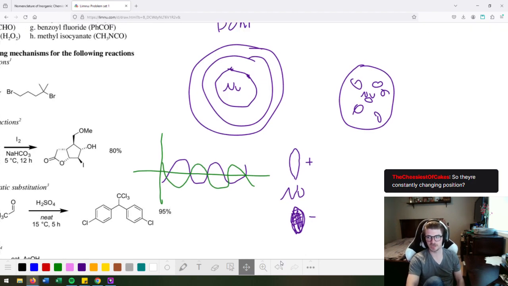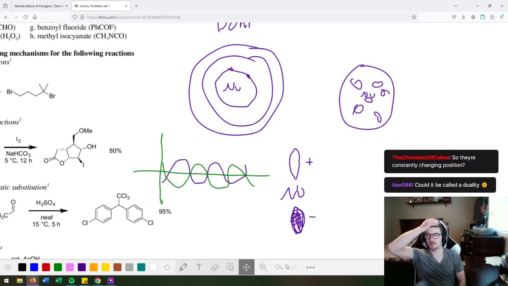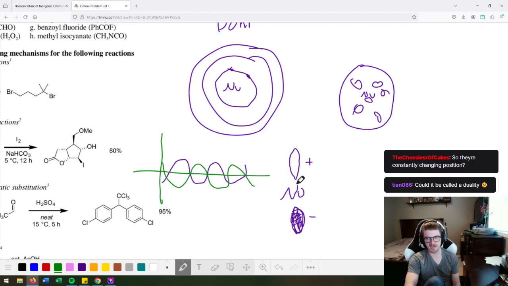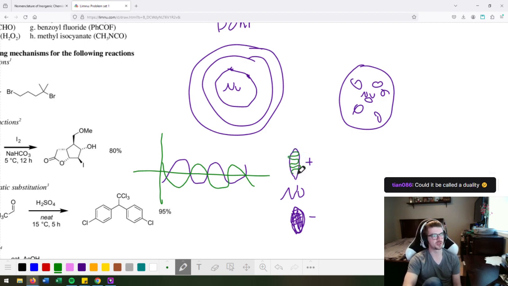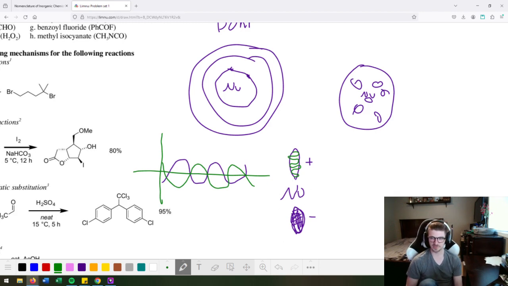So the constantly changing position, not exactly that they're changing position, just that the space around the nucleus has this standing wave function of the electron. It's like in a microwave.